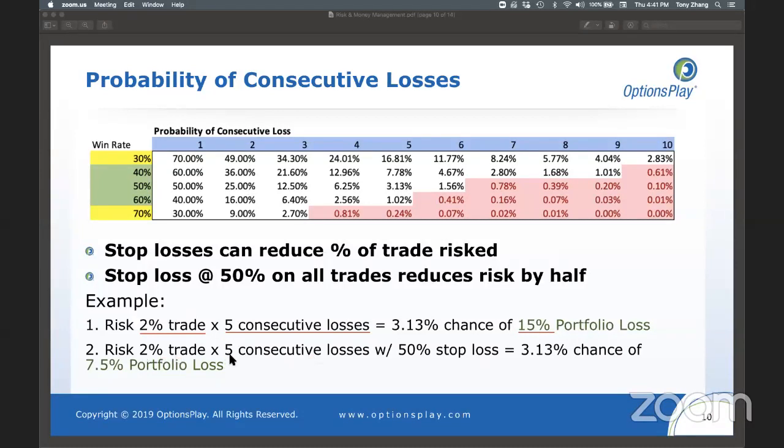However, if you do the same trade with 5 consecutive losses, but you put a 50% stop loss, then you have a 3% chance of a 5% portfolio loss, because 2 times 5 is 10% with a 50% stop loss, that is a 5% portfolio loss. So that is a typo. I will fix that before I send that off for the slides for everyone. But this is just a way to think about that.